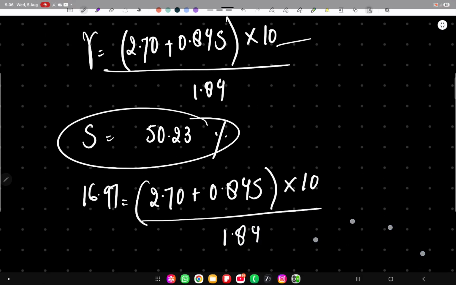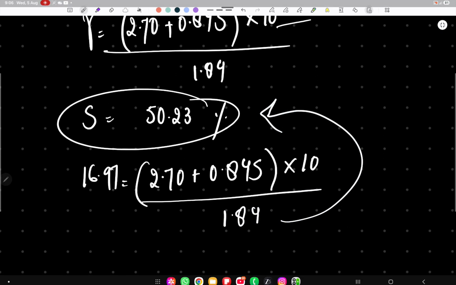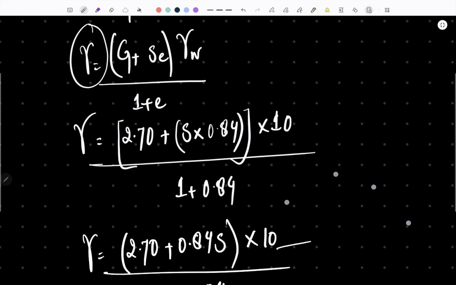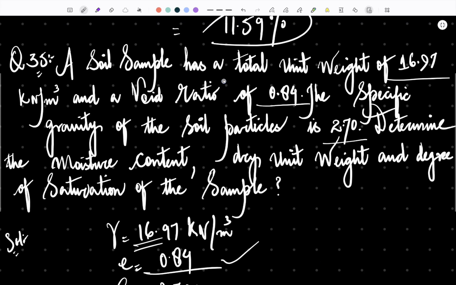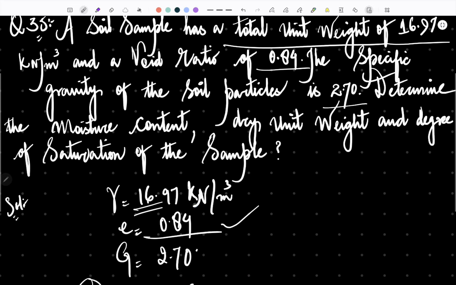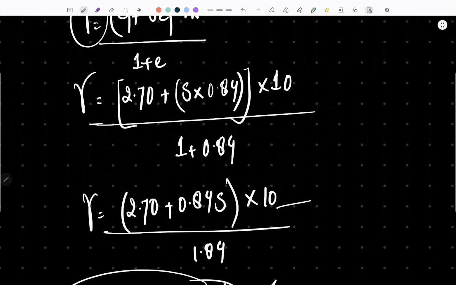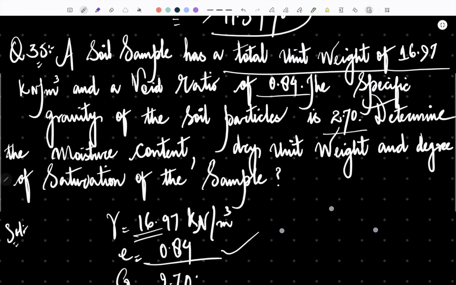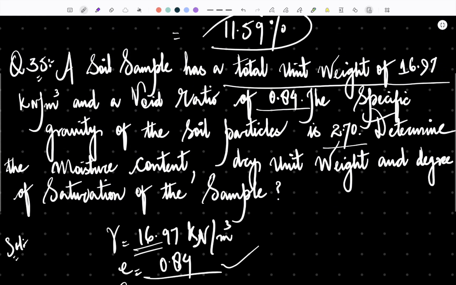After solving this, we arrived at degree of saturation equal to 50.23%, because the total unit weight or the bulk unit weight was itself provided in the question, which was 16.97 kilonewton per cubic meter. I used the generalized equation and arrived at the degree of saturation, which came to 50.23%.